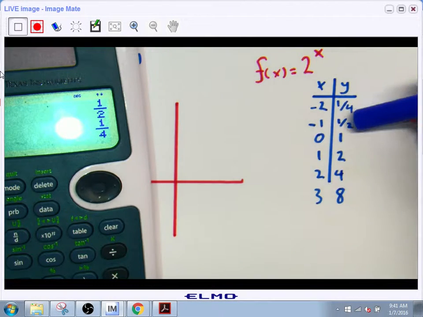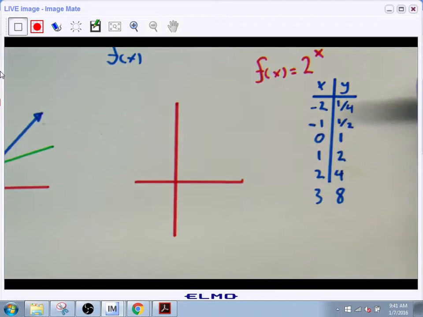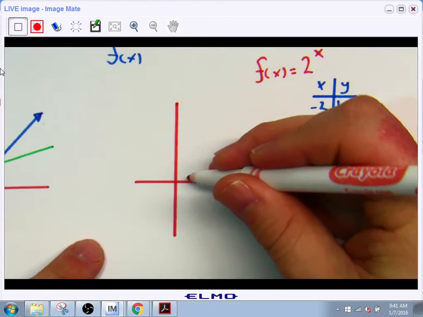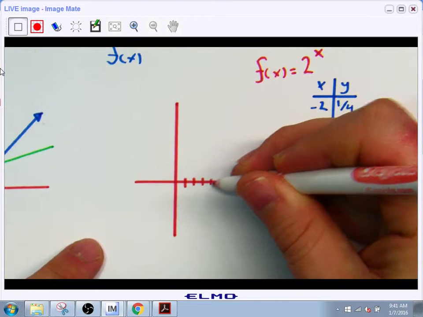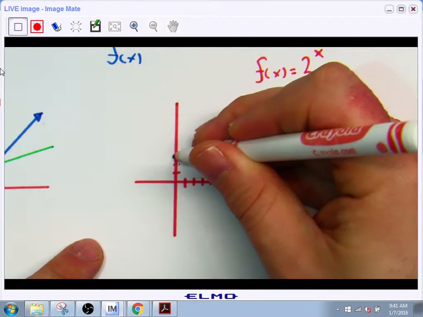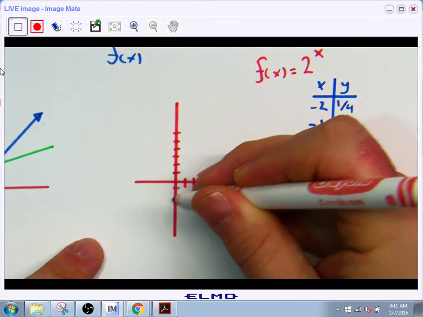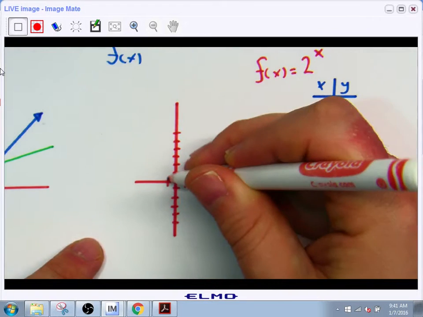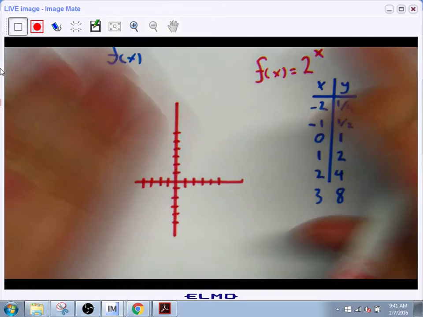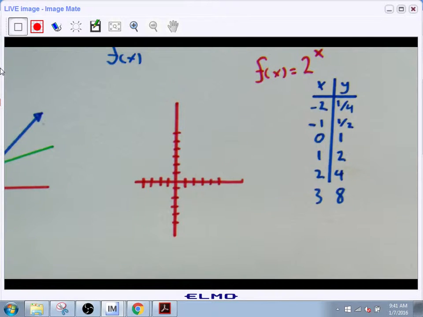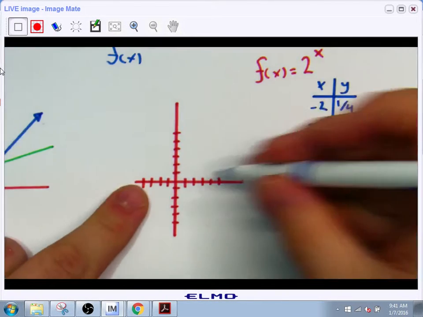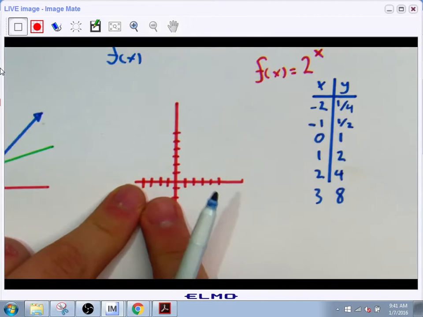But what we see here is, as we go negative, the number gets smaller. It gets so much smaller. So on my graph, I'm going to do this because I want to talk about this growth. When I'm looking at this exponential function, I look at negative 2 and I see that it's a quarter. Well, that's very close to the line, right?